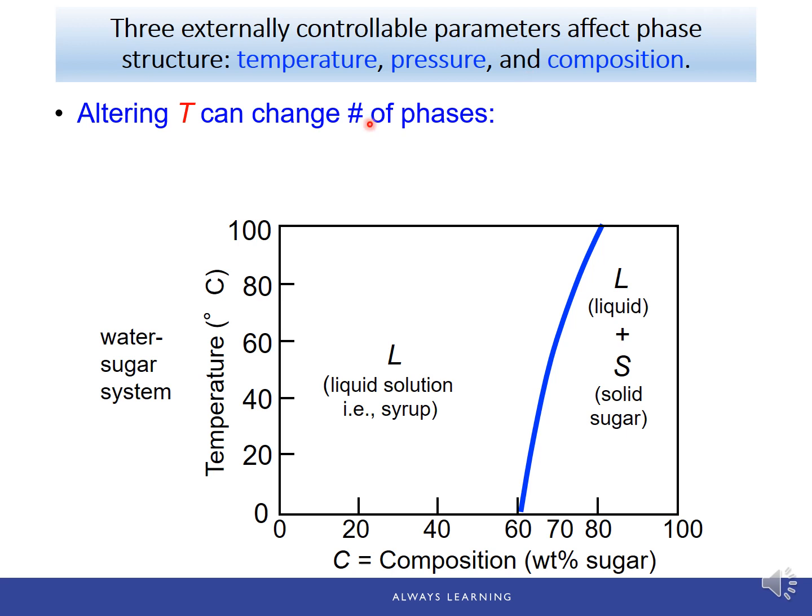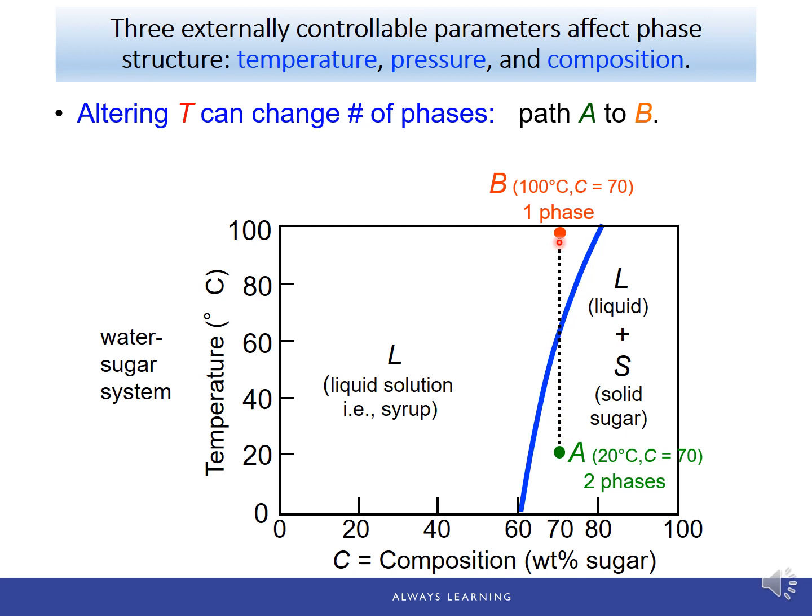Changing the temperature can change the number of phases. For example, from path A to path B, we keep the composition at a constant value, about 70% of sugar. When we put 70% of sugar in water at 20 degrees Celsius, we will have two different phases because our point A lands in the two-phase region, liquid plus solid.